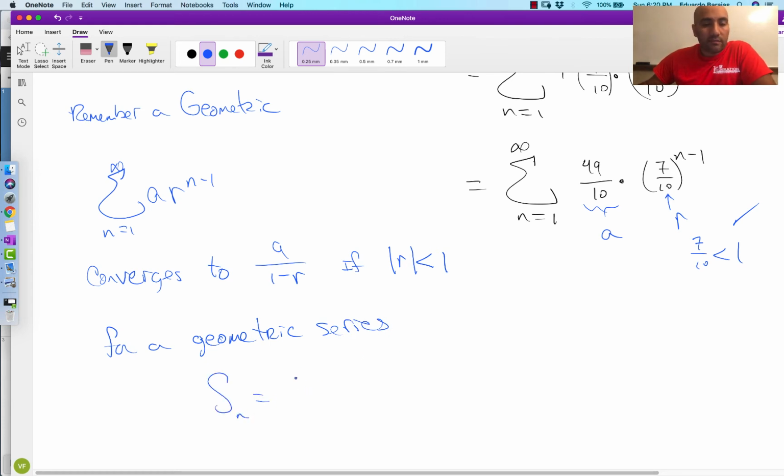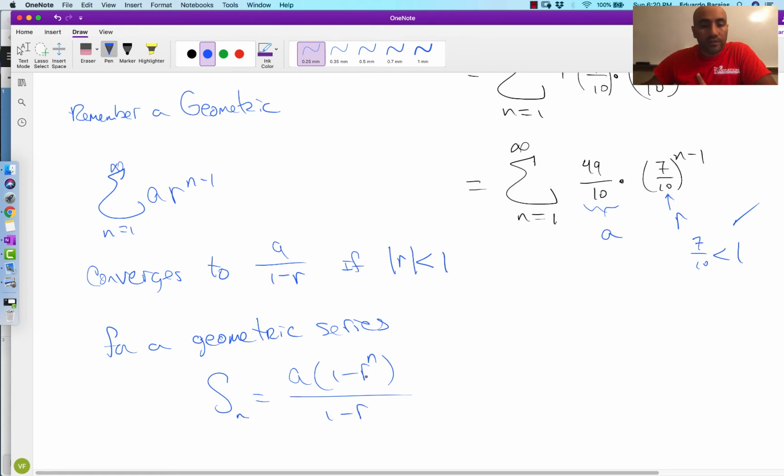The value of s sub n was equal to a times 1 minus r to the nth power, all over 1 minus r. So if we stop at any value of n and we just wanted to find the sum of the first n numbers, this is a closed formula for a partial sum.